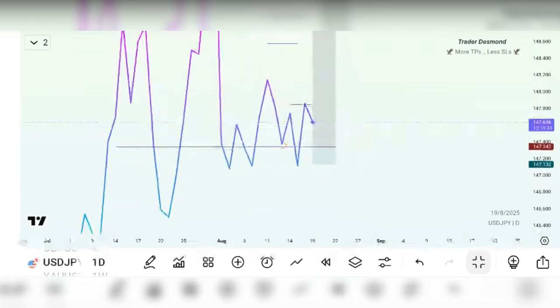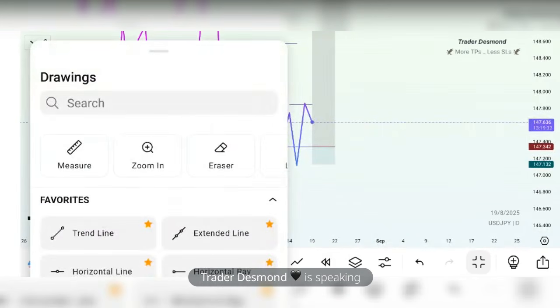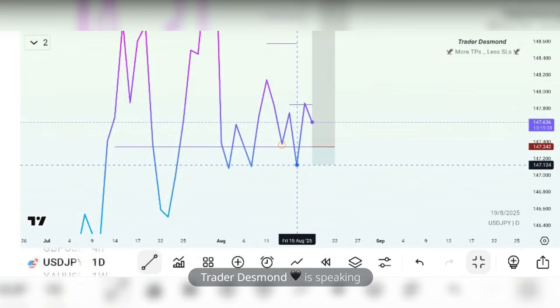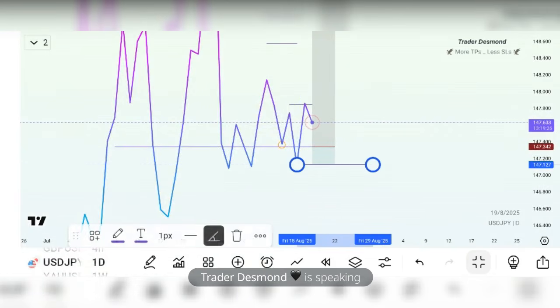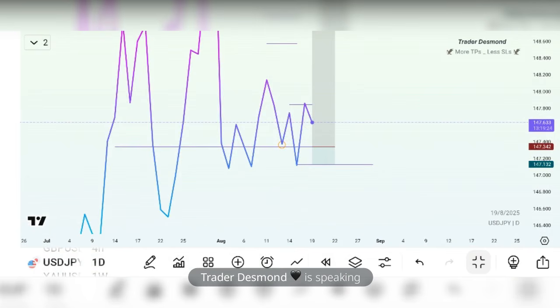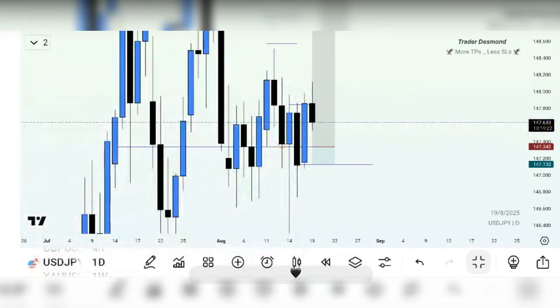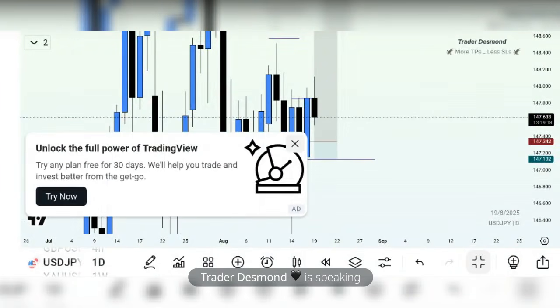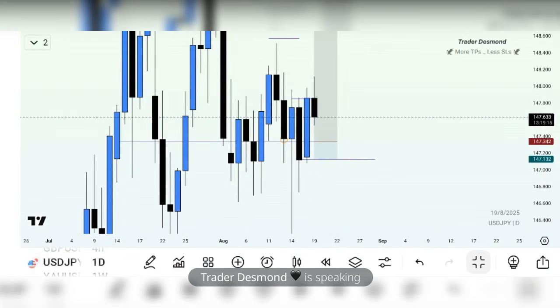I know you may be wondering, since you have been marking your weekly and this and that, why did you not come here to pick this level here? I will explain why. Let me switch back to the candlestick. Now you need to understand something. First thing you need to do on your chart, understand trend.